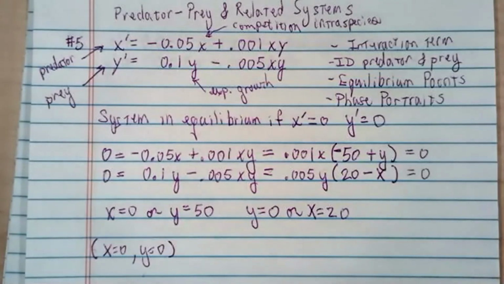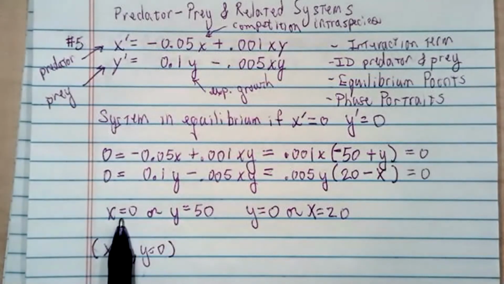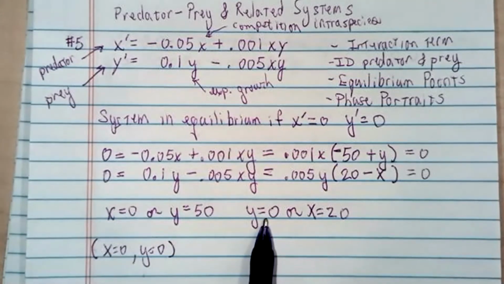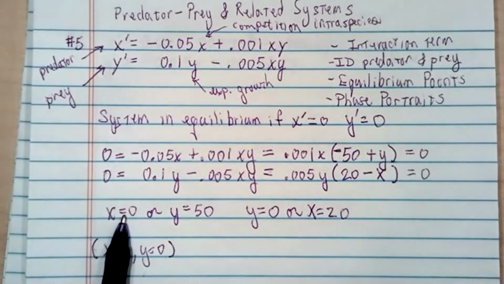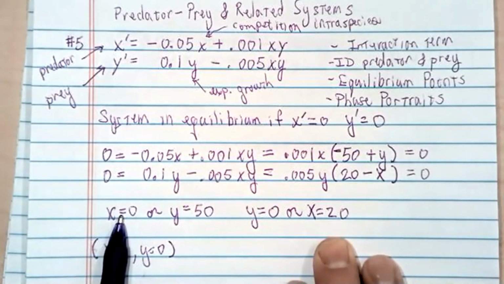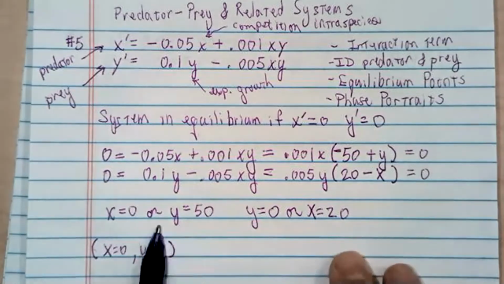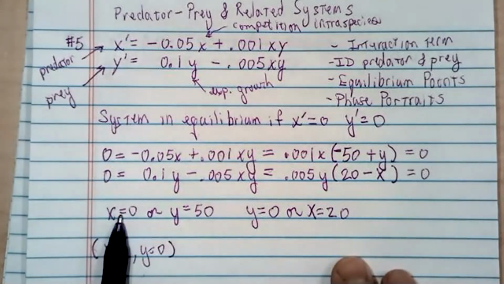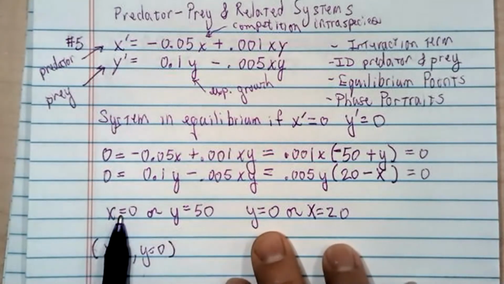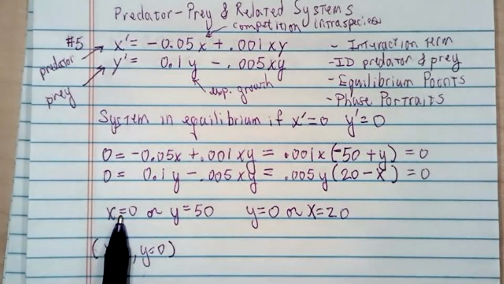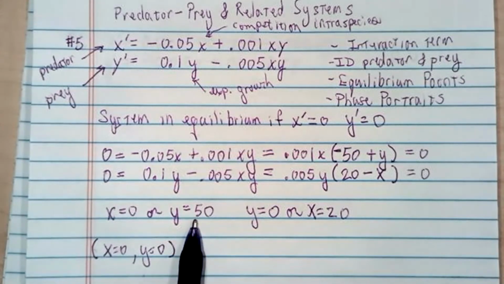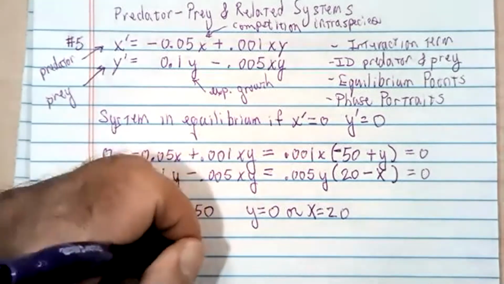That's a perfectly good solution. I take X is 0 from the left part. I take Y equals 0 from the right part. Now, if I take X equals 0 from the left part, I cannot take X equals 20 from the right part, right? So that match doesn't work. If X is 0, I'm forced into choosing Y is 0 on the right. On the other hand, I could take Y equals 50 on the left.